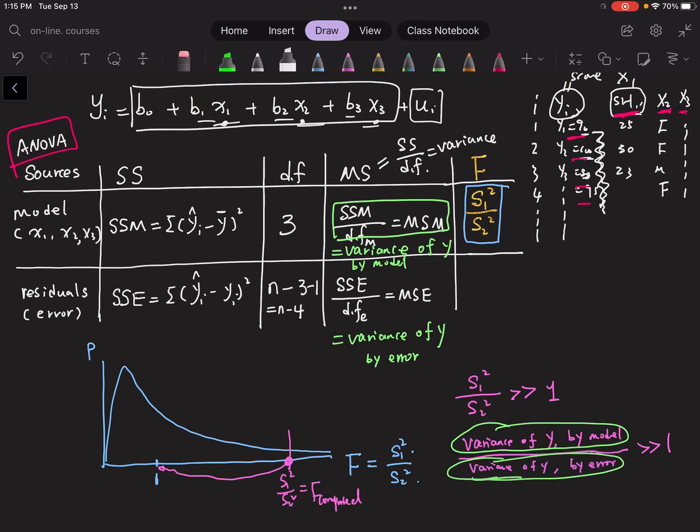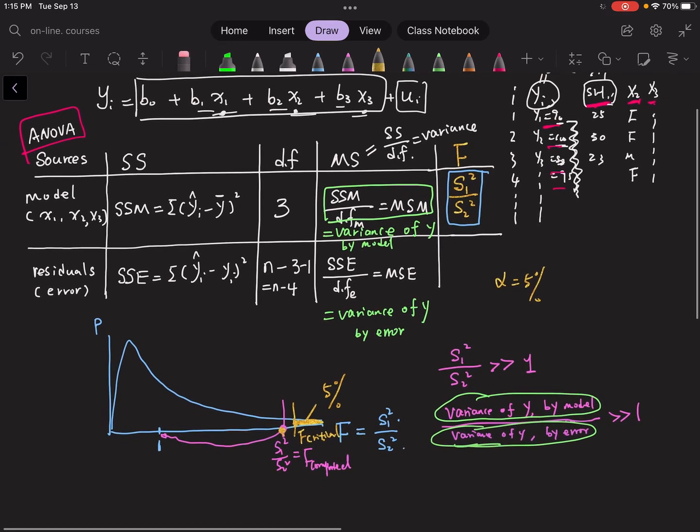In order to determine if this value is statistically significantly greater than 1, we need a critical value, or a significance level, right? Suppose the significance level alpha is 5%. If this is 5%, the area under the curve gives us a probability. If this is 5% and this is F critical, and this is the computed value, then you fail to reject the null.